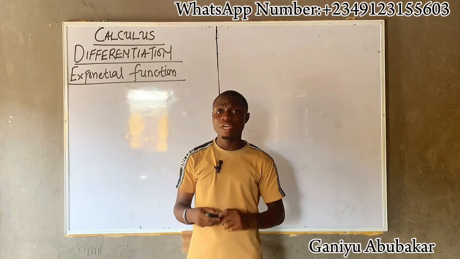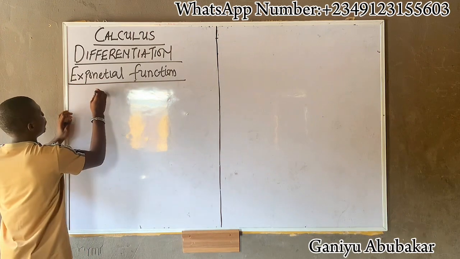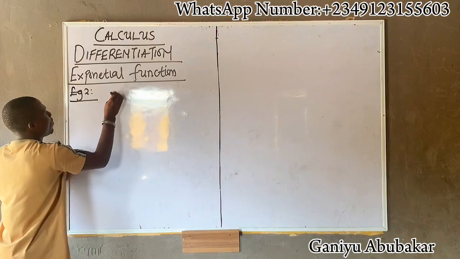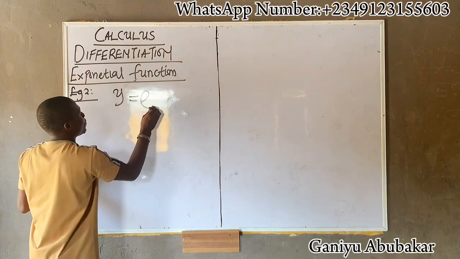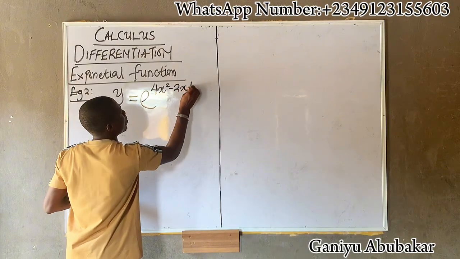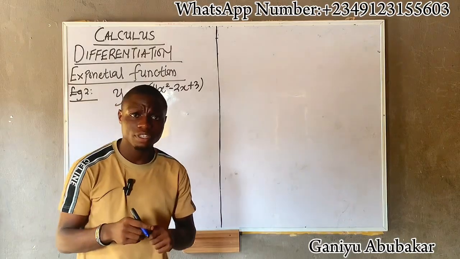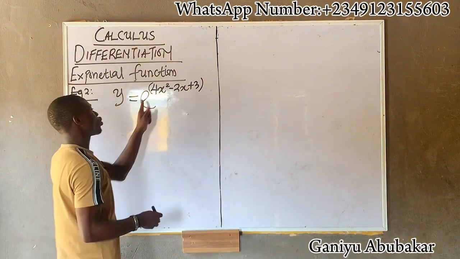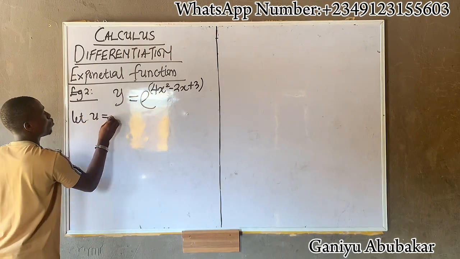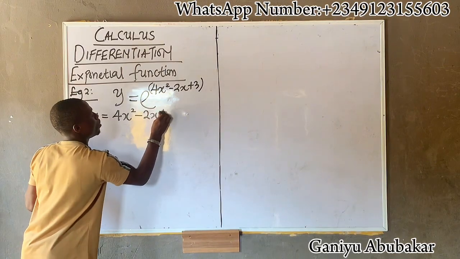Example 2. Let's say I have y is equal to exponential of 4x squared minus 2x plus 3. How do you differentiate this? It's as easy as this. First task, call the thing in brackets u. So let u be equal to 4x squared minus 2x plus 3.